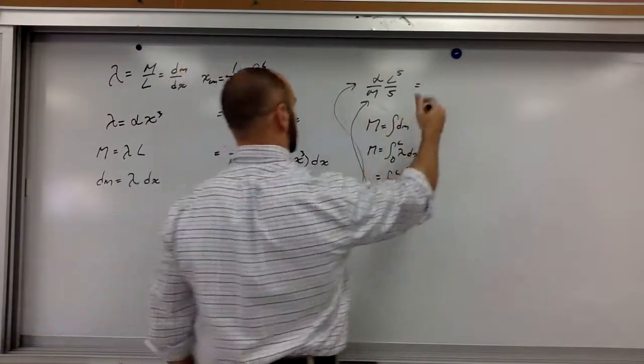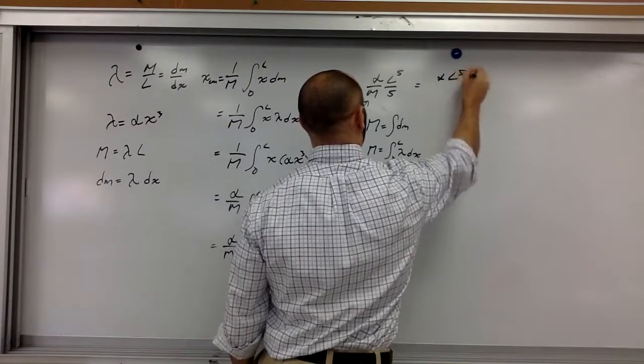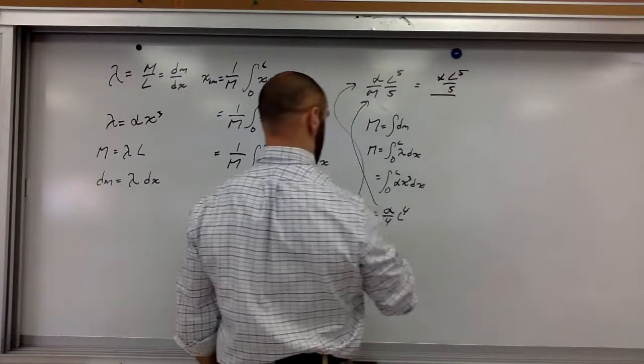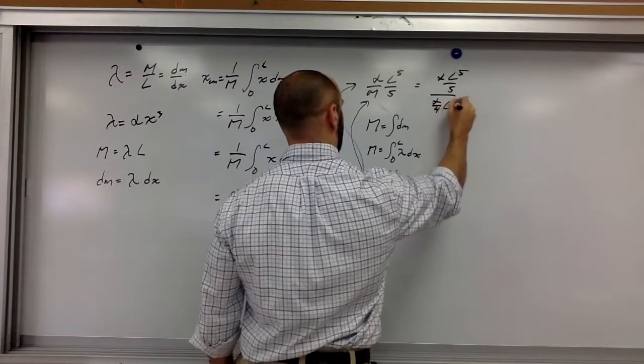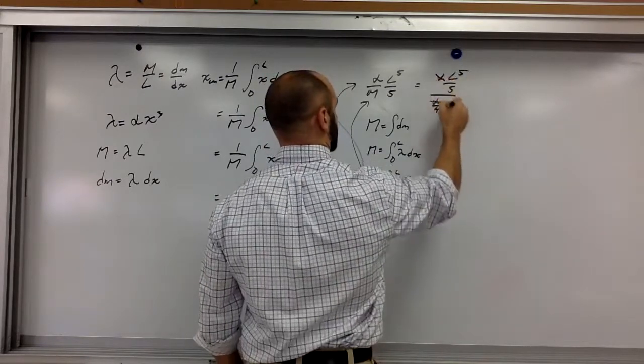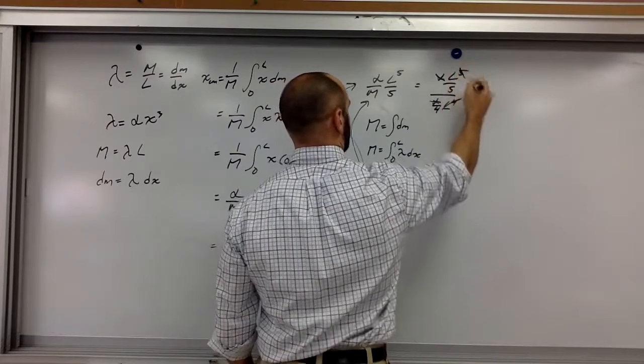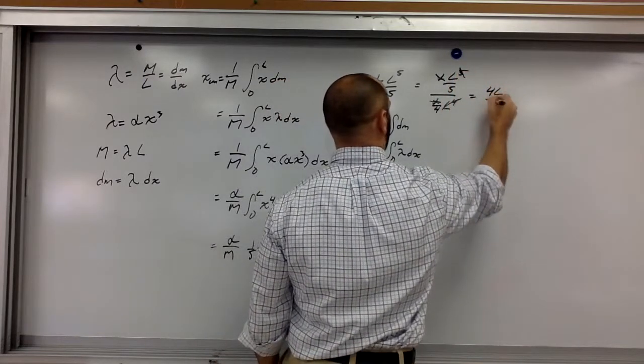I plug this in, and I get alpha L to the 5th over 5 over m here. This is alpha over 4 L to the 4th. Alphas cancel out. This cancels out with these, and I'm left with 4L over 5.